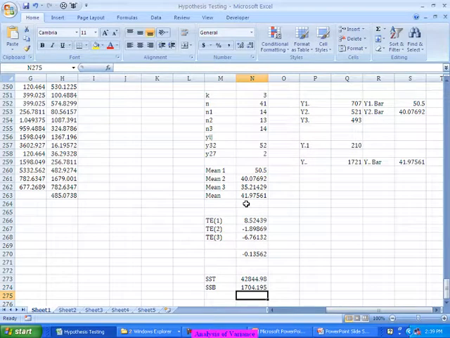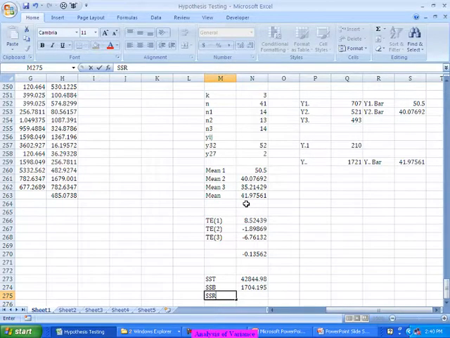The sum of squares between the treatments is coming out to 1704 in our case, and the third one is the sum of squares of the residuals, which is similar. The sum of squares within the treatment, or between.